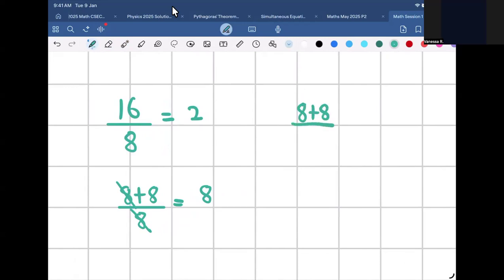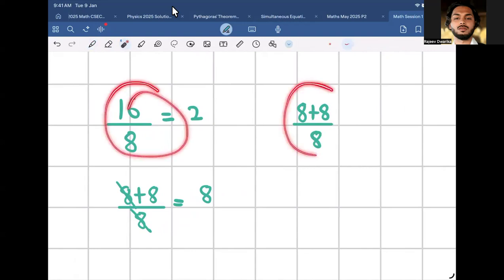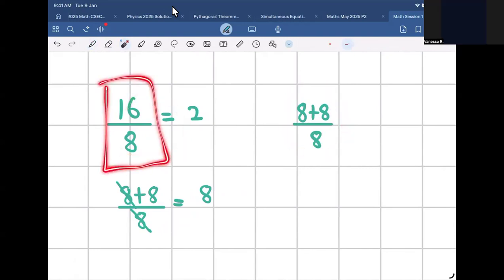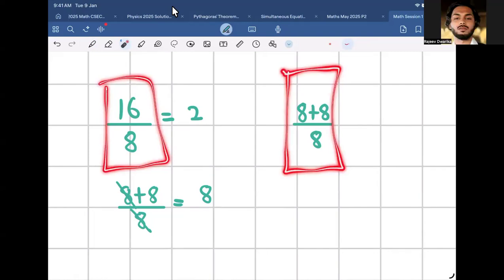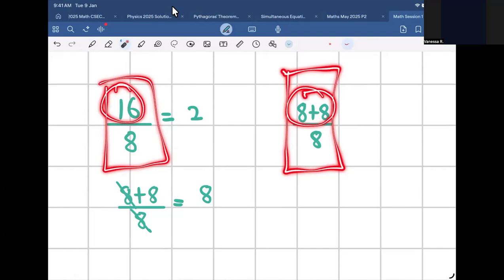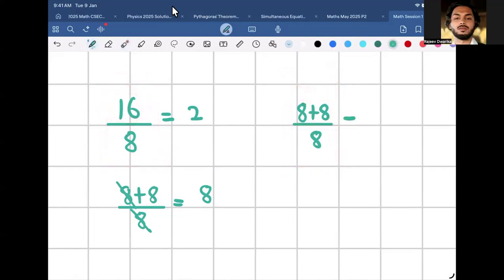So did I change anything from here to here? Did I change what 16 was? No. And 8 plus 8 is still 16? Yeah. So what is the answer supposed to be? What did we agree it was? 2. How are we getting 8?